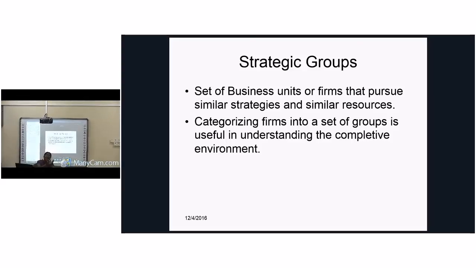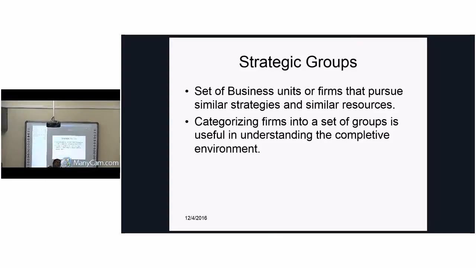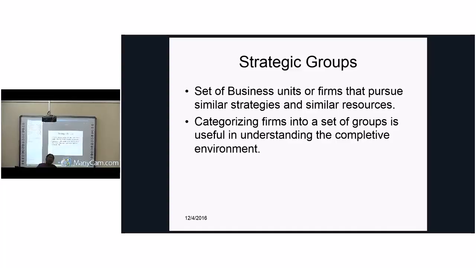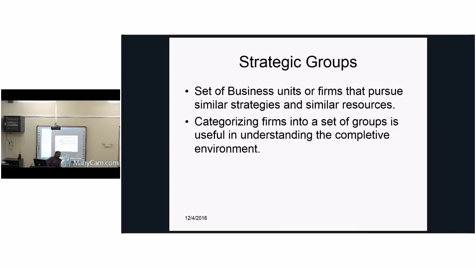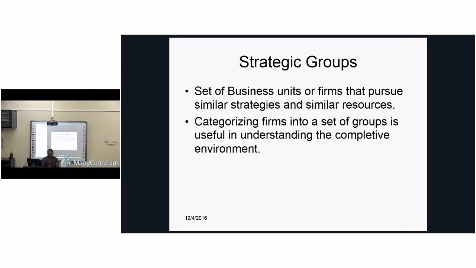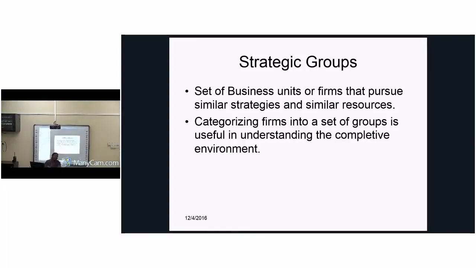Competitors can be categorized as strategic groups. Those who are importing powder milk and distributing, those who are importing powder milk from New Zealand is a particular type of strategic group. Those who are importing powder milk from Netherlands, those who are manufacturing powder milk within the country.